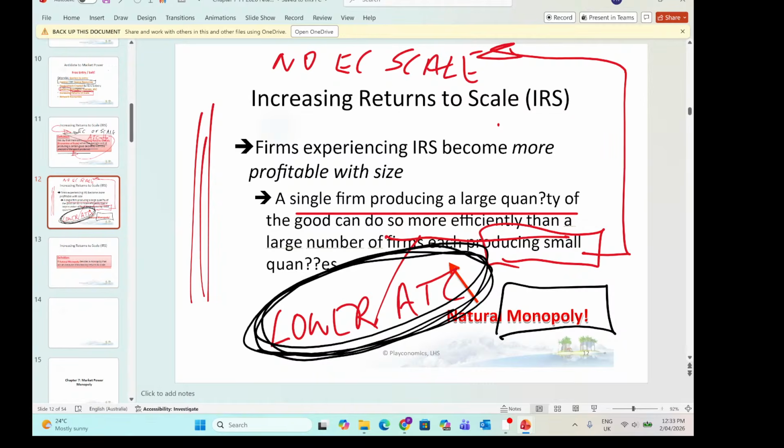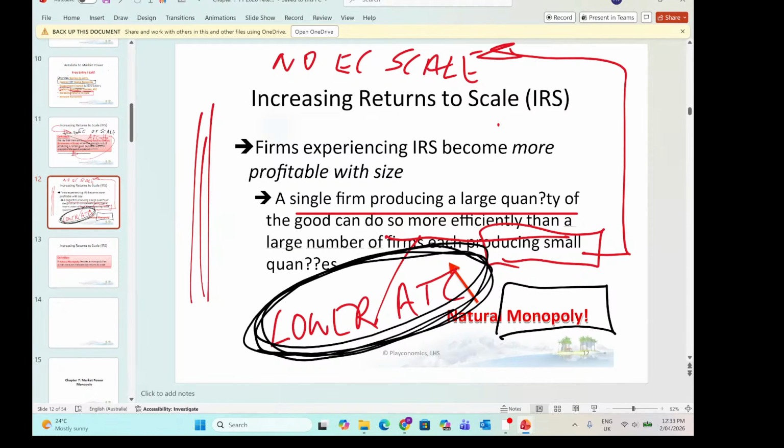Because if you can get one large firm with a low average cost, and that low average cost becomes a low price, it might actually be better to have a monopoly even though there's no competition, because the economy of scale cancels out the advantage of competition.